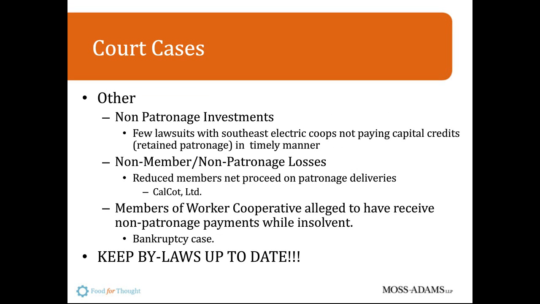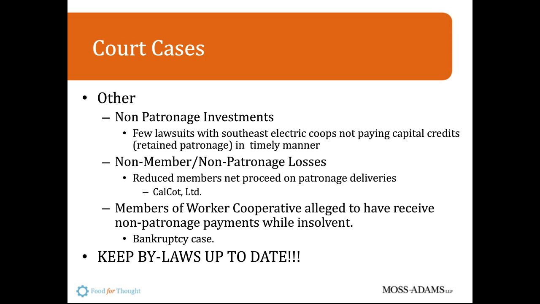Other cases that we're aware of in the cooperative area: there are some Southeast electric co-ops that have been sued by members for not paying capital credits in a timely manner.